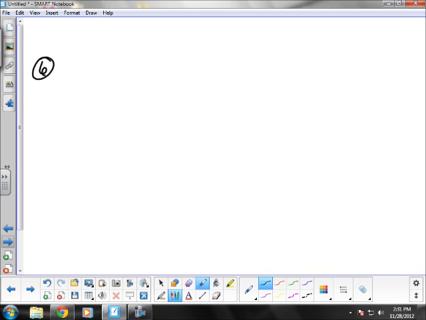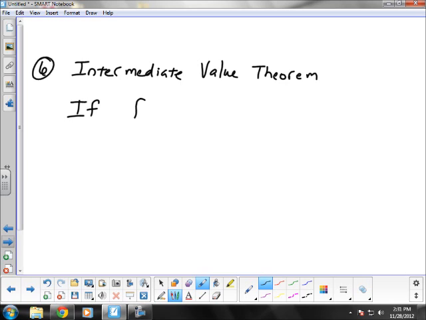the 6th thing that we've taught here is the intermediate value theorem. Okay? Intermediate value theorem. This is not a hard idea. It says that if f of a, now what does f of a stand for? The y value, right?